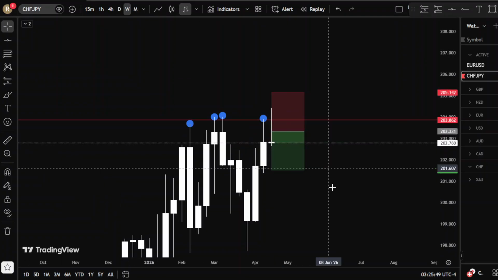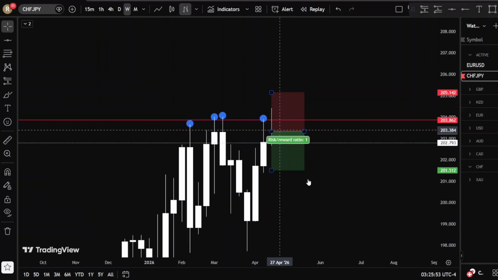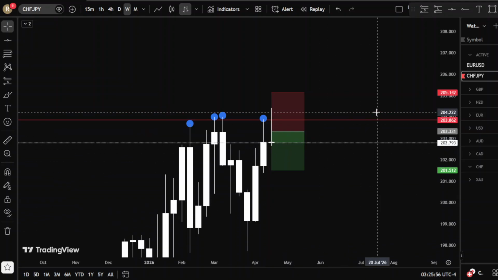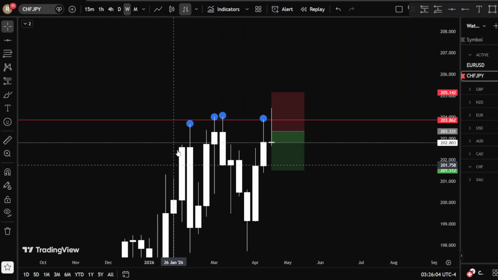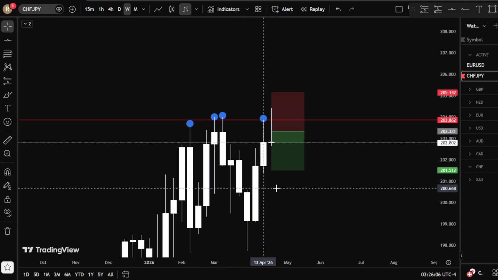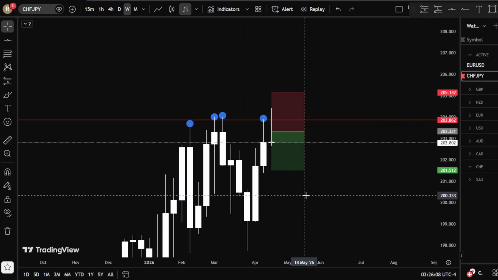But let's go to the weekly chart. So you see this, today is Friday. Yesterday it was Thursday, and the same thing here. It rejects the area, and here again it started to reject.